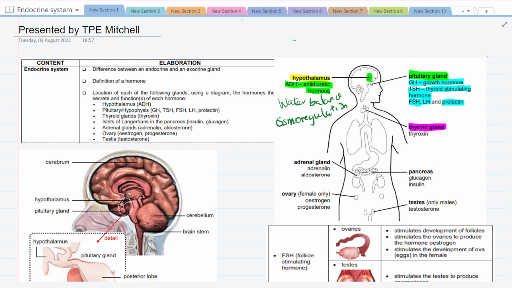Then moving further down your body, you will see that you are going to have another gland, your pancreas.